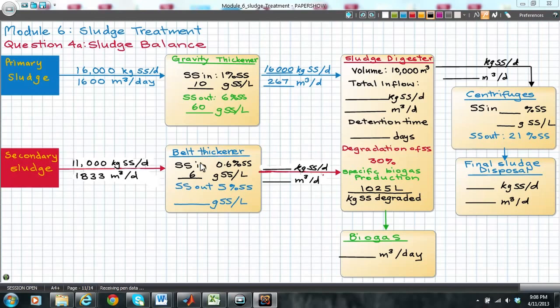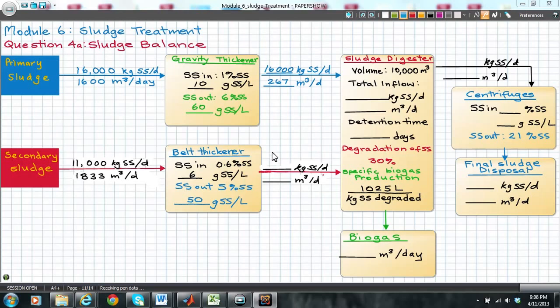And we're told that in the belt thickener, the water is removed to increase the sludge concentration to 5% on a mass basis, which then gives us an equivalent concentration of 50 grams of suspended solids per litre.